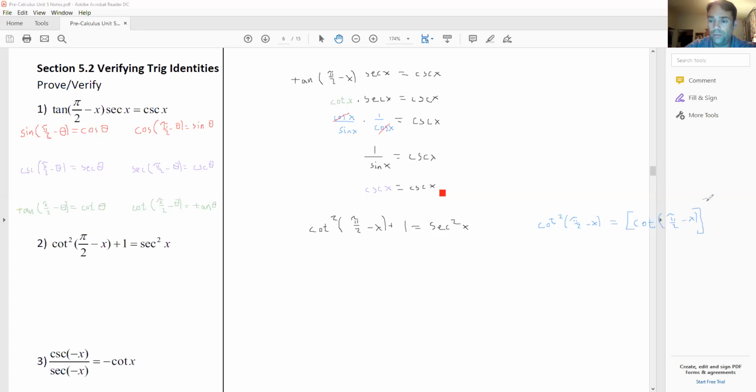Sometimes that helps. Next year in calculus, when we're doing a derivative called a chain rule, it helps sometimes to do that. But we're not there, obviously, and we're just staying here. So cotangent of pi over 2 minus x, that's the same thing as tangent x. So what we're really looking at here is tangent squared x. So we do our trig substitution there.